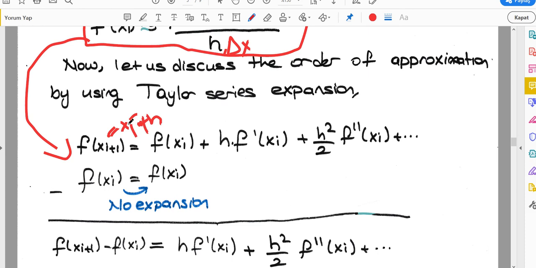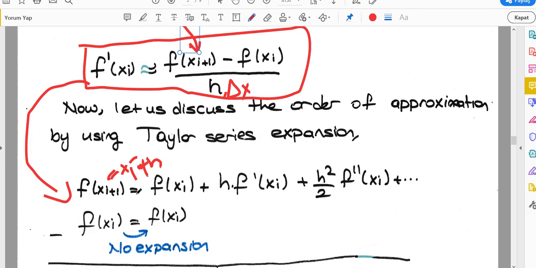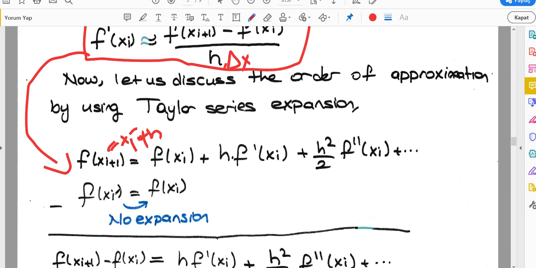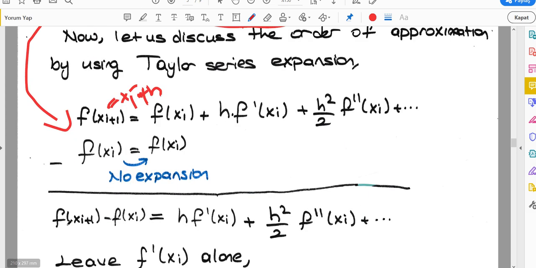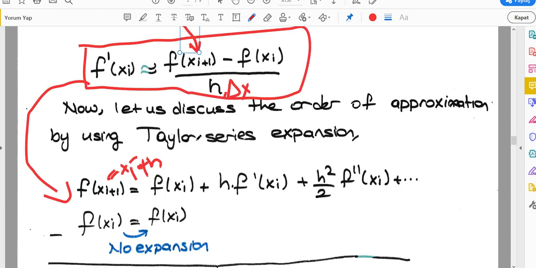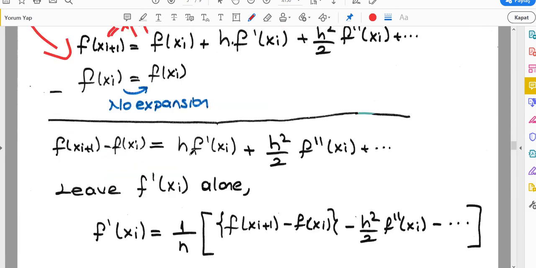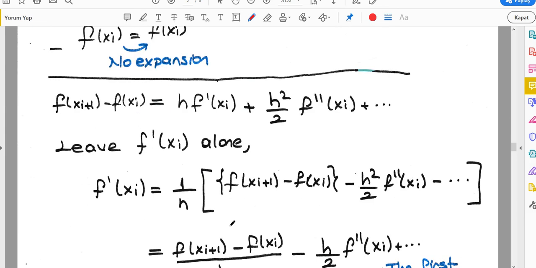I'm writing the Taylor series expansion around xi, and for the second one, minus f of xi, there is no expansion because no increment is used. By subtracting them, you have the right side. What you want to get is f prime xi, so you should leave the derivative at xi alone. Your scheme will be in that form.